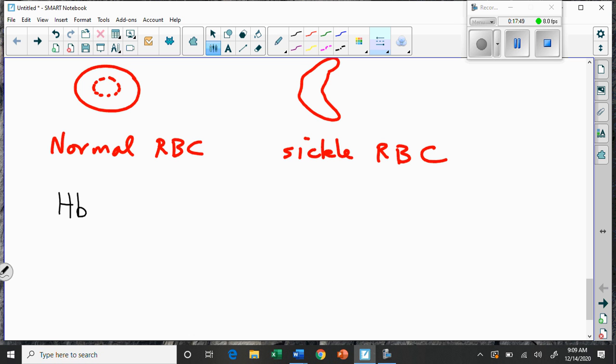And then we have the normal situation, which is considered to be an S. Oh, wait, no, that's a sickle. Sorry, normal wouldn't be an S. That doesn't make sense. Normal would be, we'll call it A for normal. And then this one would be Hb, and it would be S for sickle cell.